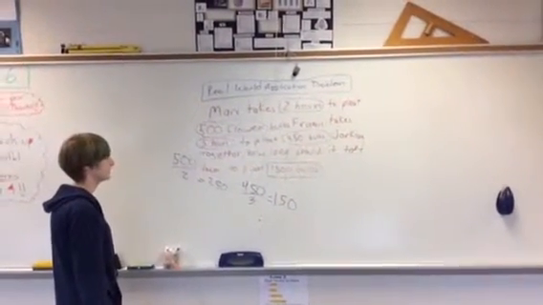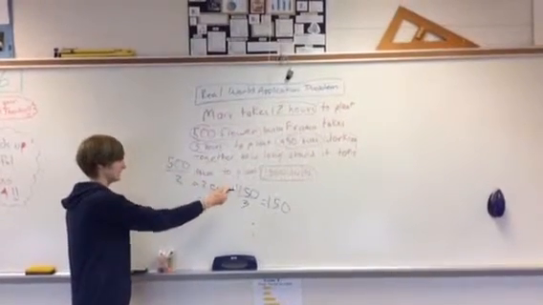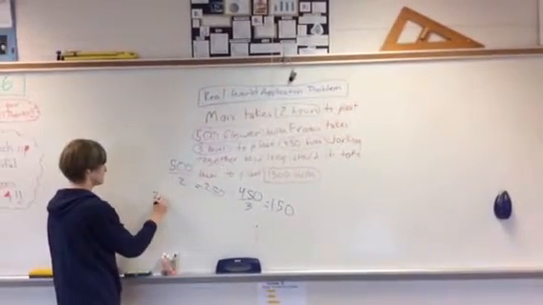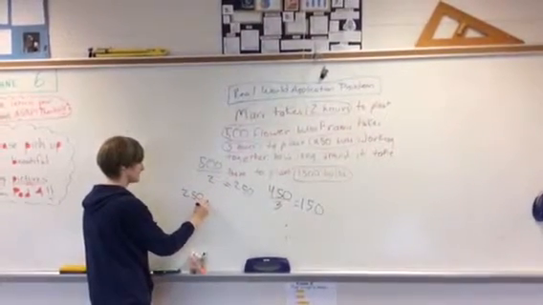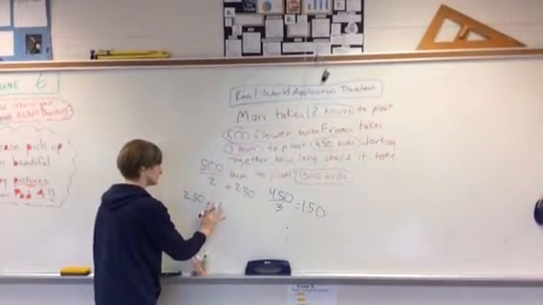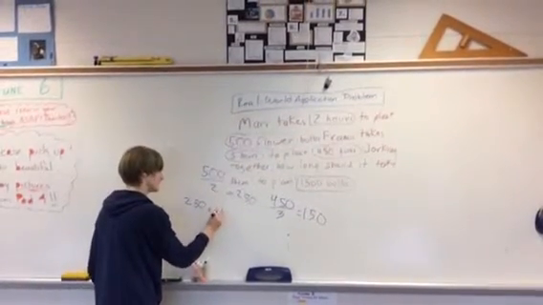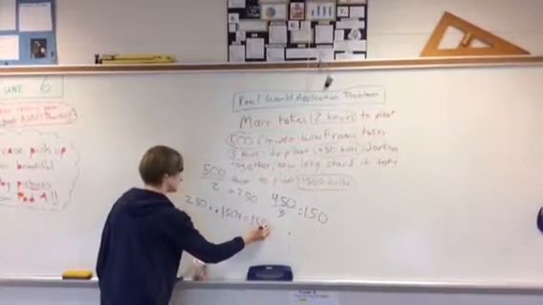So now you have to find out how many hours it's going to take them to plant 1,500. So you have 250x plus 150x equals 1,500.